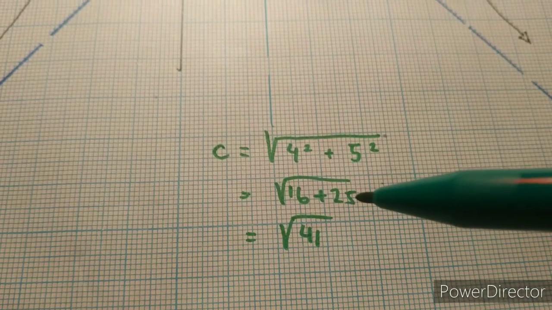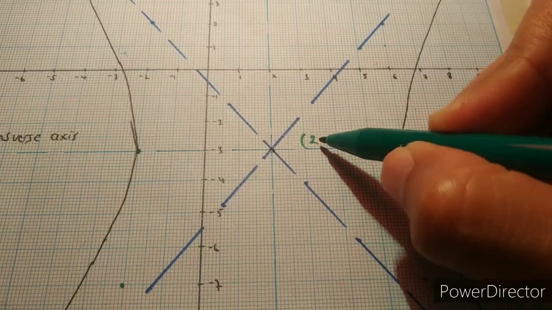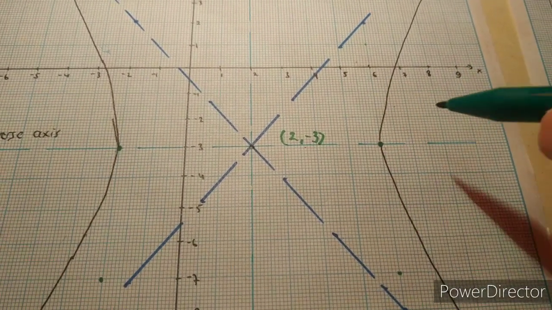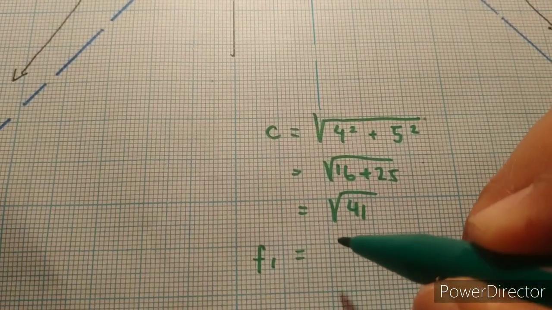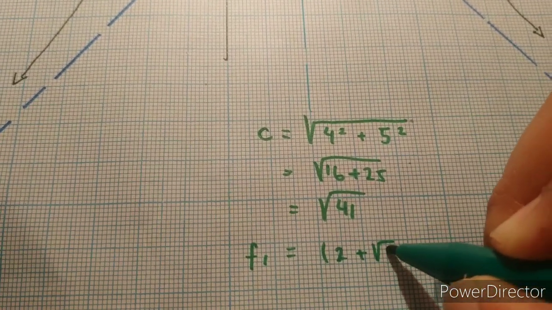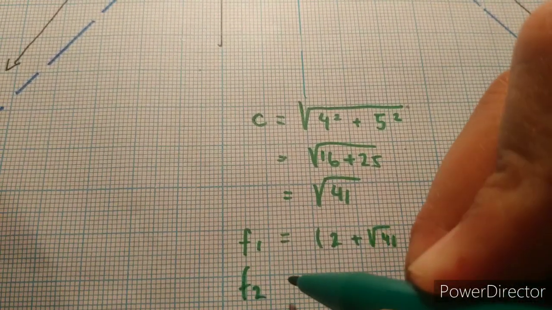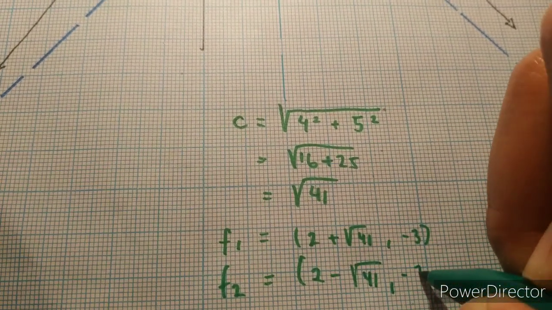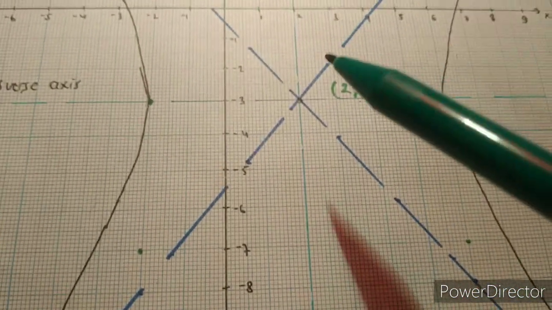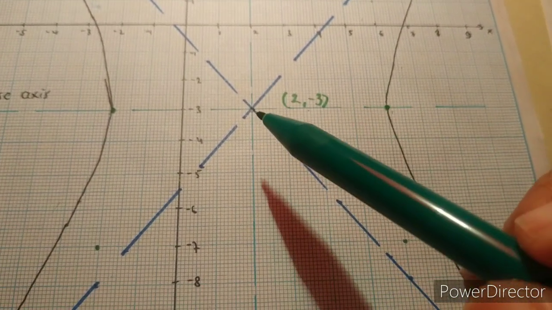Since we cannot simplify the square root of 41, and we know that the center of this hyperbola is (2, negative 3), the first focal point will be (2 plus square root of 41, negative 3), and focus 2 will be (2 minus square root of 41, negative 3), since you need to move square root 41 units to the right and to the left.